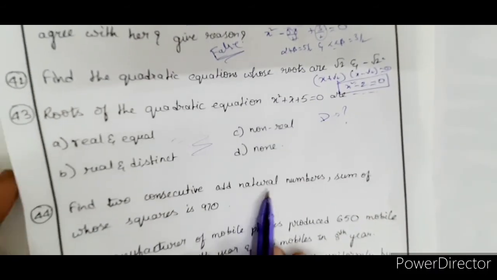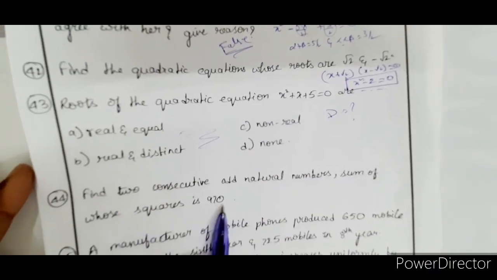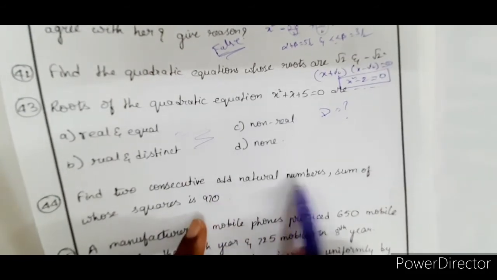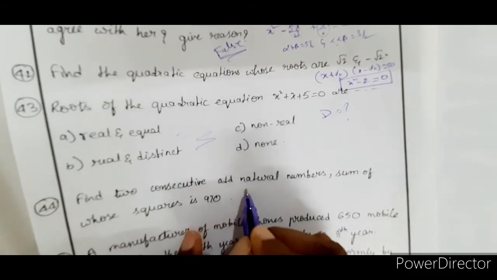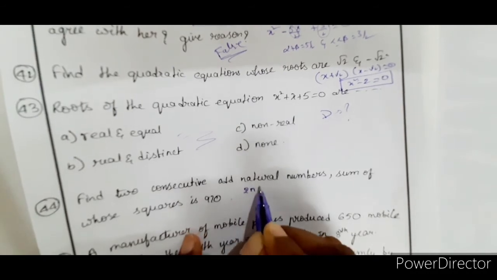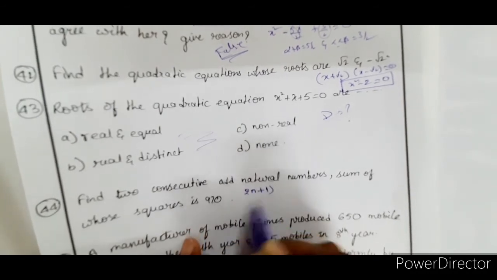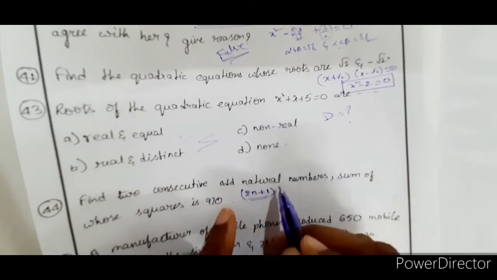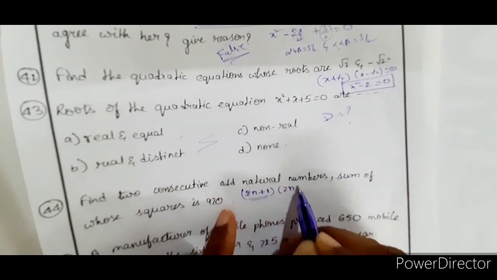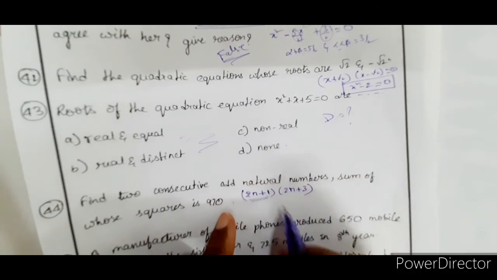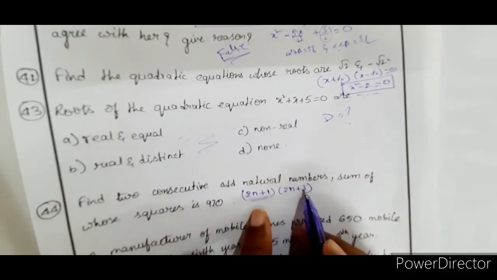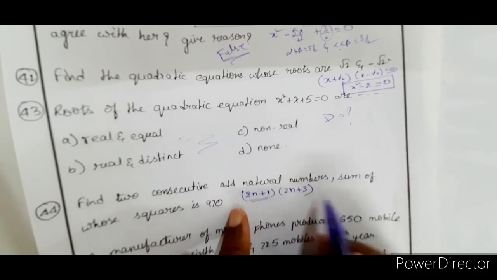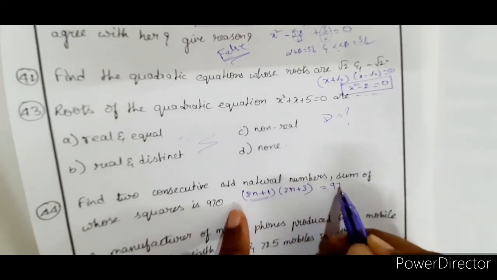Find two consecutive odd natural numbers, the sum of whose squares is 970. Right, two consecutive odd natural numbers. See, an even number means 2n, an odd number means 2n plus 1. So the general formula for an odd number is 2n plus 1. They are saying consecutive, so immediately you will get plus 2 again: 2n plus 3, that is 2n plus 1 plus 2. So (2n plus 1) square plus (2n plus 3) square is equal to 970.